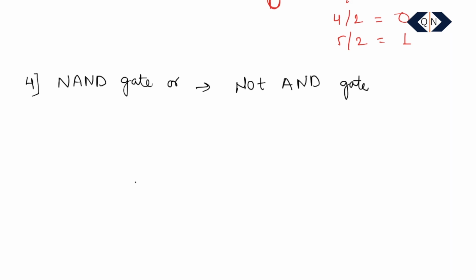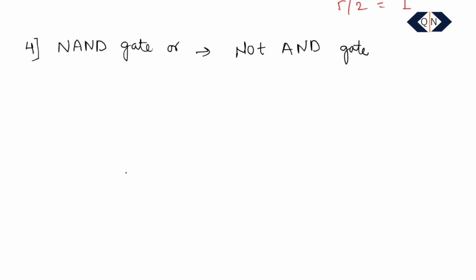So basically, suppose this is our AND gate, and now we are putting one NOT gate here.